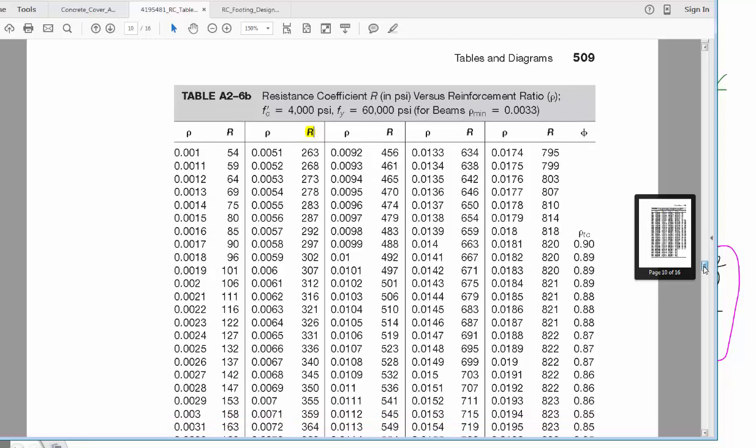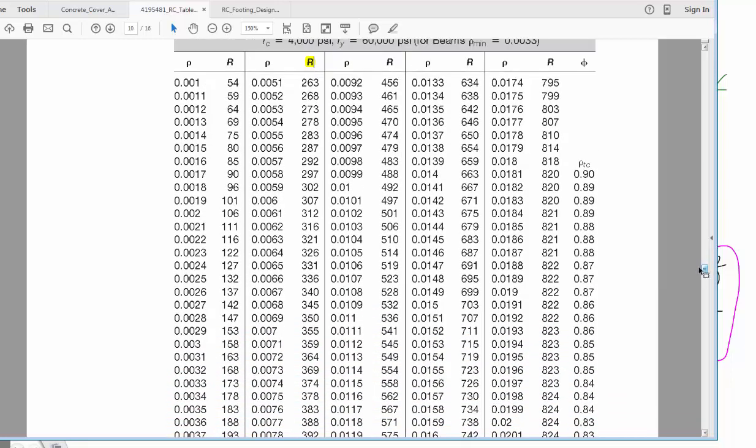Where is 165? This is 168. So the value steel ratio for 168 is 0.0032.